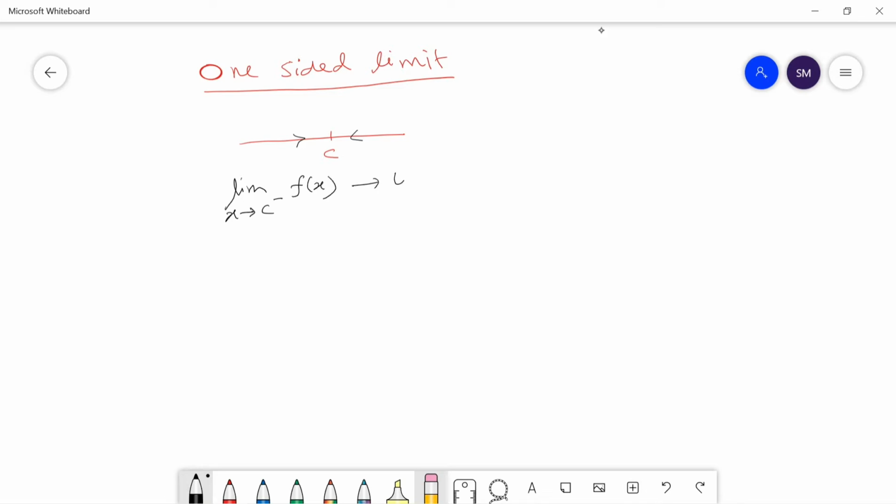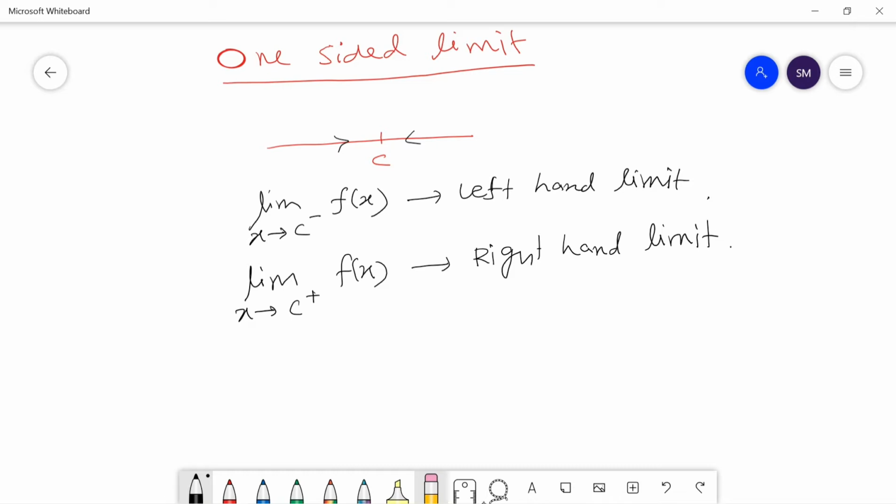This is the left hand limit, and limit x tends to c plus f of x. We say this one is the right hand limit.